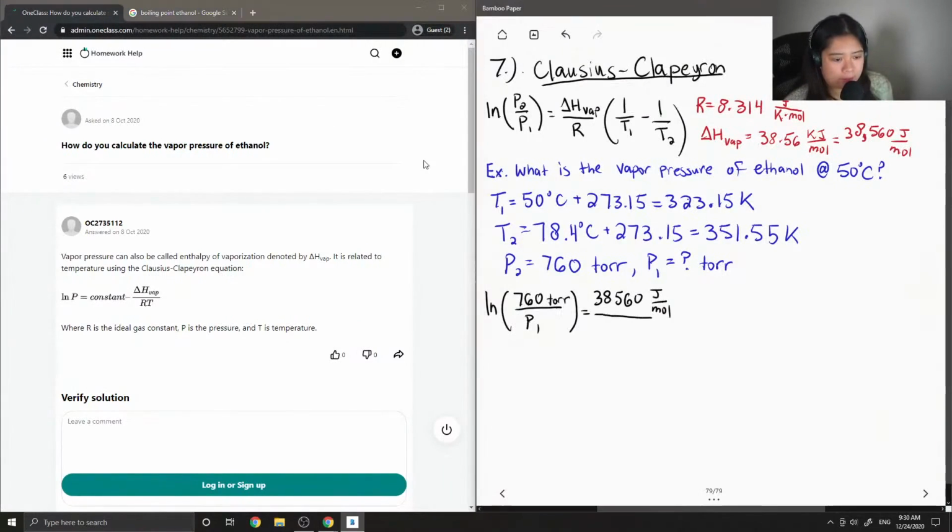The R value we are using is 8.314 joules over Kelvin times mole. And then in brackets, we have 1 over 323.15 minus 1 over 351.55.